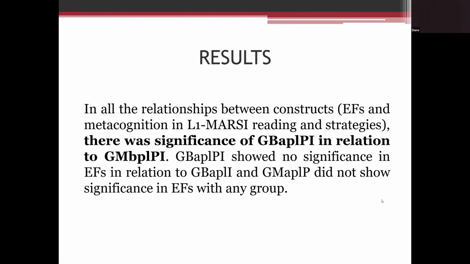So our bilingual group has much better results than our monolingual one in strategy use, and also in executive functions, but especially in executive function. And for the bilingual group just in English and the monolingual in Portuguese, there was no correlation, and no correlation with the monolingual one with anyone else.